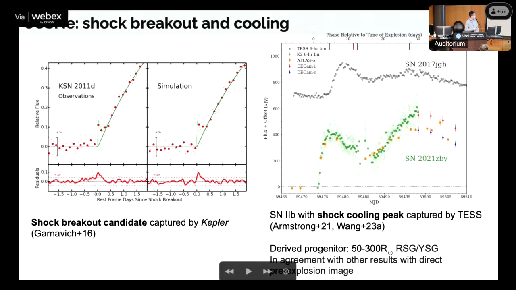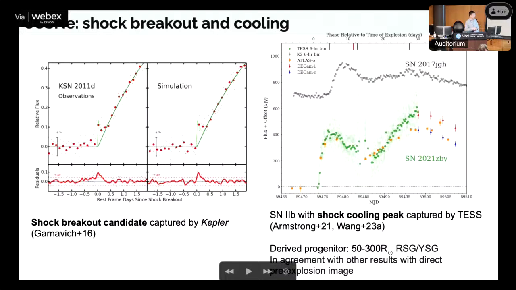From the model fitting to these two supernovae, we find that their progenitors are consistent with red supergiant or yellow supergiant with radius ranging from 50 to 300 solar radius.